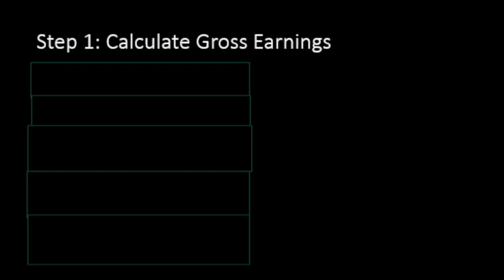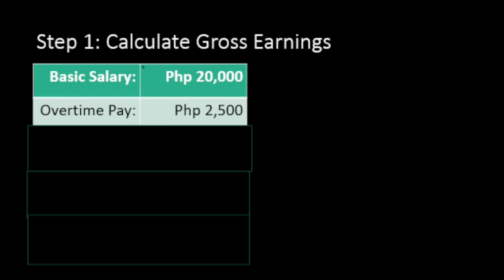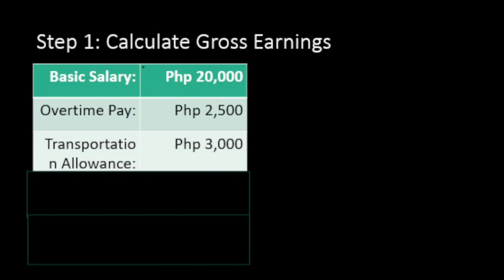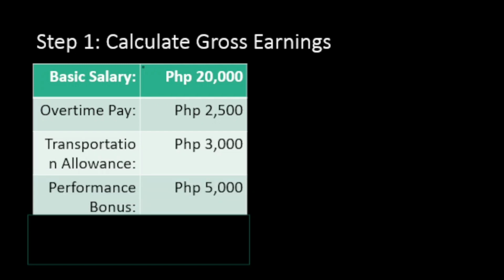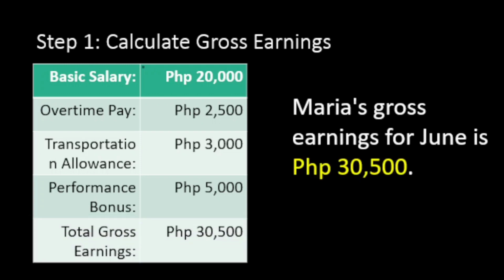To calculate Maria's gross earnings, we add up Maria's basic salary, which is 20,000 pesos, overtime pay, 2,500 pesos, transportation allowance, which is 3,000 pesos, and performance bonus, 5,000 pesos. So her total gross earnings is 30,500 pesos for the month of June.